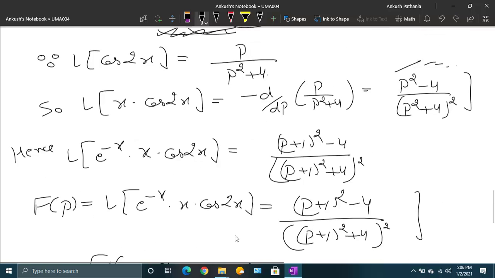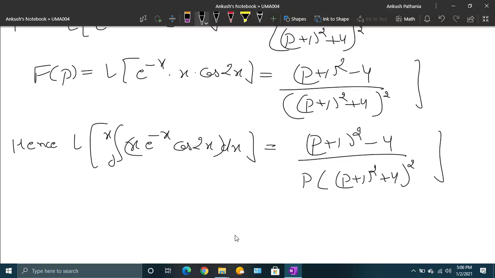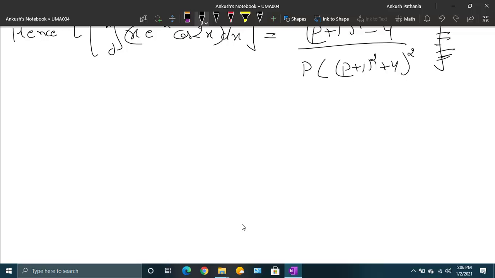Let me write it here as (p plus 1) whole square minus 4 upon ((p plus 1) whole square plus 4) whole square, times 1 by p. So this is the F(p) by p form, or the Laplace of this integral that has been asked in the question. So this is how we solve the questions related to property number 5. And in this question especially, there was more than one property used.